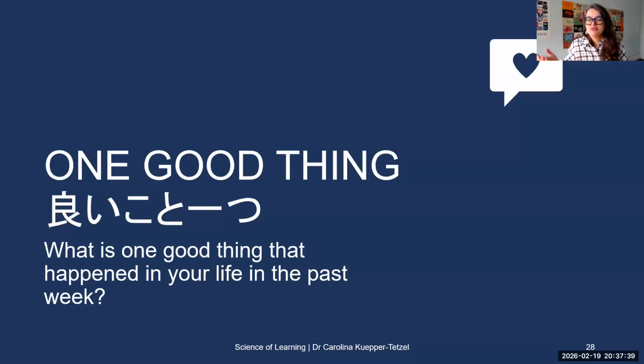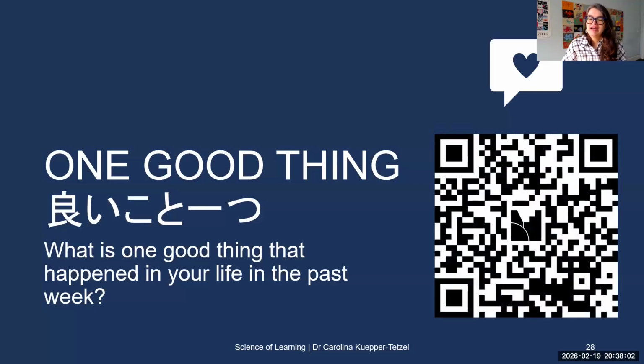You came up with a new idea for anything. So it could be anything. But I would like you to do this because we very often in our lives, I think, focus on criticism or negativity and problems. And I find it quite refreshing to focus on one very positive thing that you experienced in your life this week. And I would like to ask you to share it anonymously using this QR code.